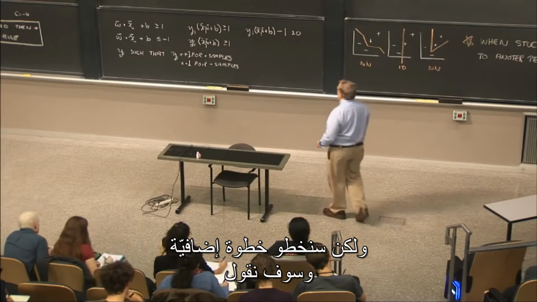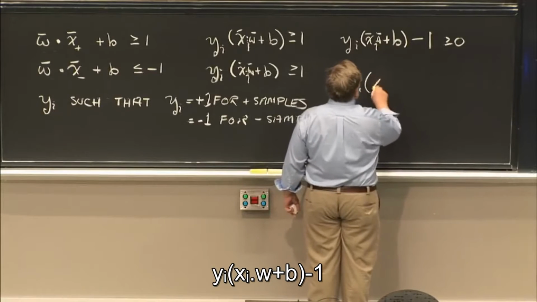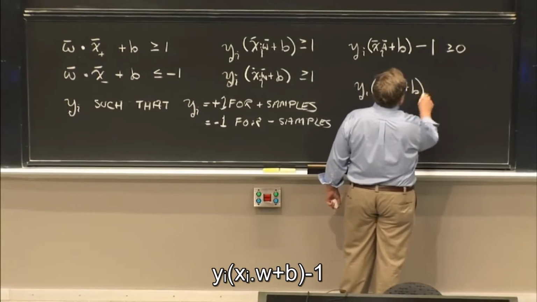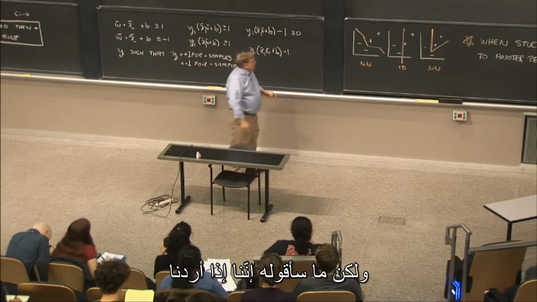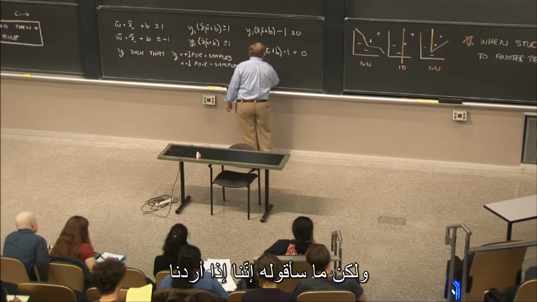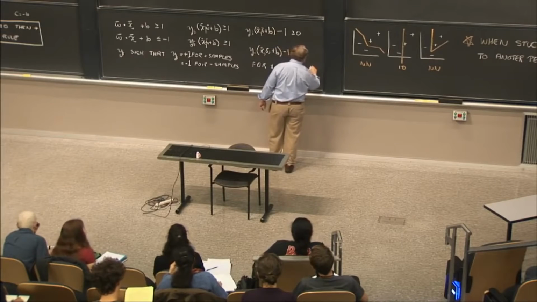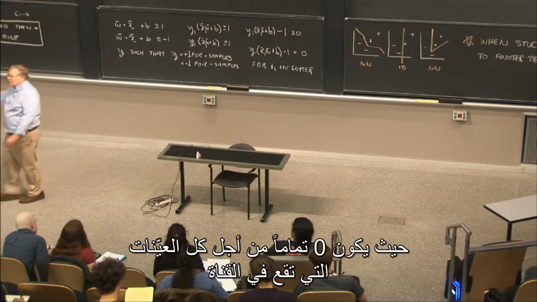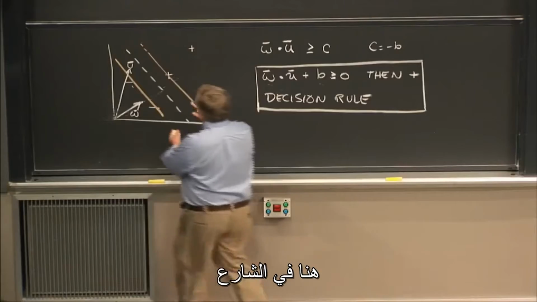But we're going to take one more step, and we're going to say that y sub i times x sub i dotted with w plus b, minus 1, is always got to be equal to or greater than 0. But what I'm going to say is that for x sub i in a gutter, it's going to be exactly 0. So they've always got to be greater than or equal to 0, but we're adding the additional constraint that it's exactly 0 for all of the samples that end up in the gutters of the street.